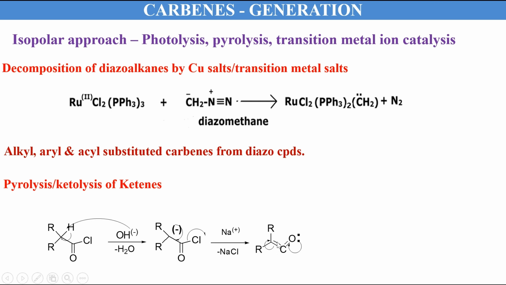This is the more positive center. To satisfy this positive center, the electrons move onto the oxygen and this carbon. Once the electrons have entered, another set of electrons goes out, and both have become equal. This is lost as carbon monoxide, and it gives rise to a carbene.